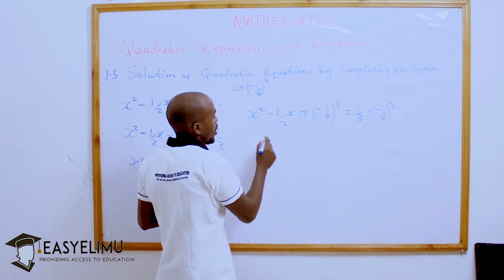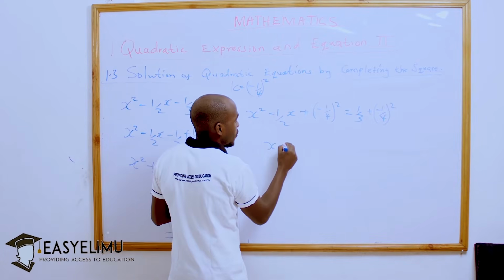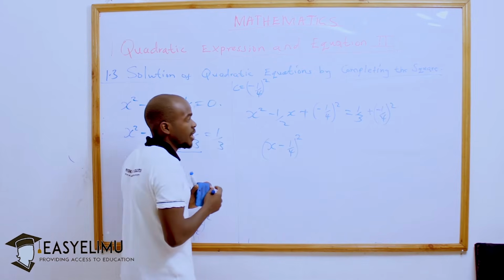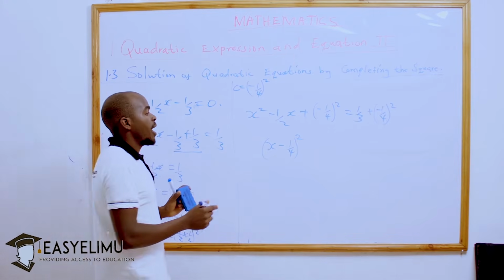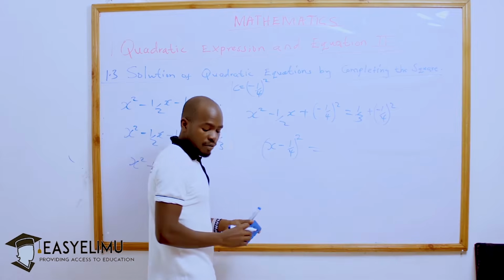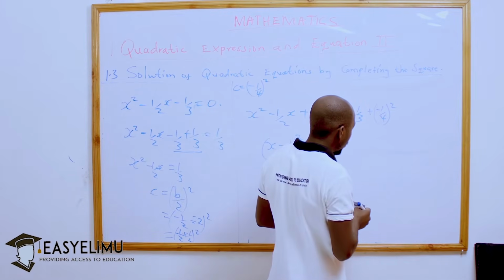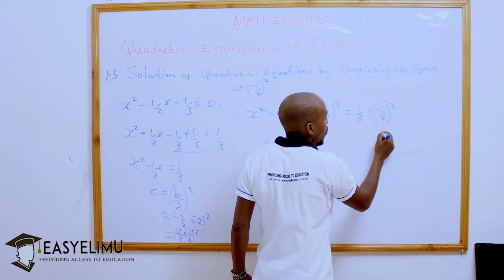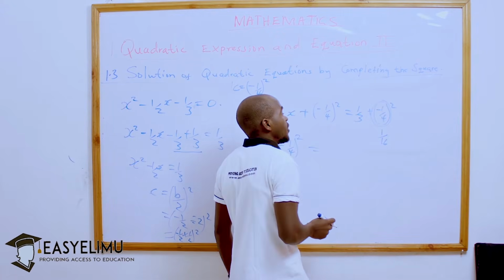If we do that and factor out, we shall find we have x minus a quarter, in a bracket, and then we square. On the right hand side, if you square this, it will give you 1 over 16, because if you square a negative, you will find positive.